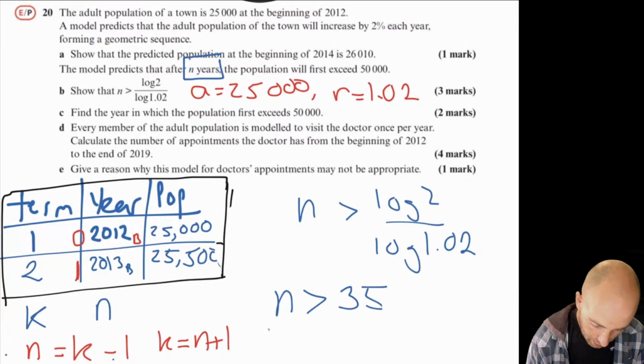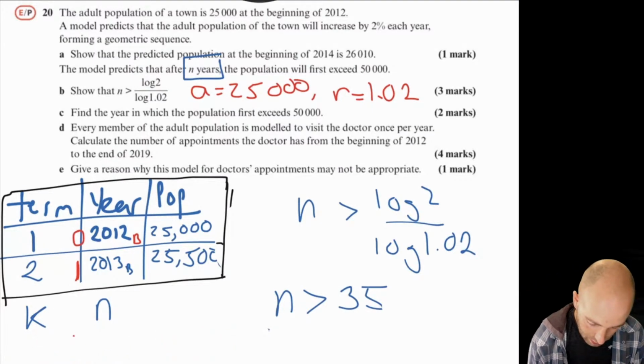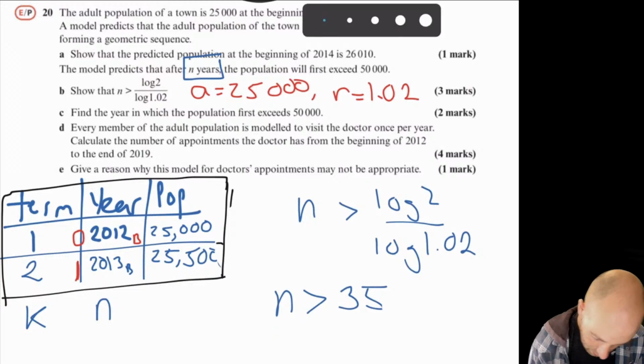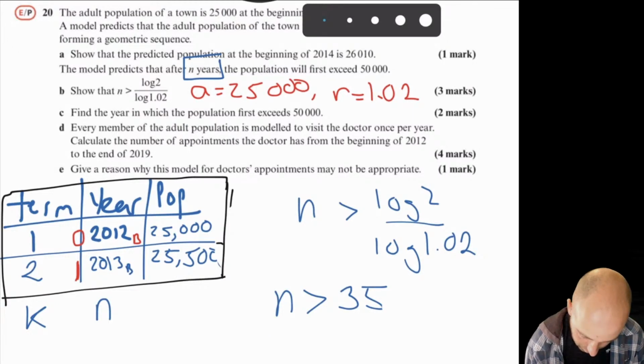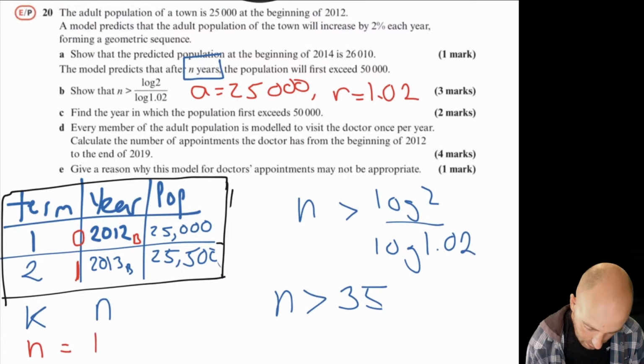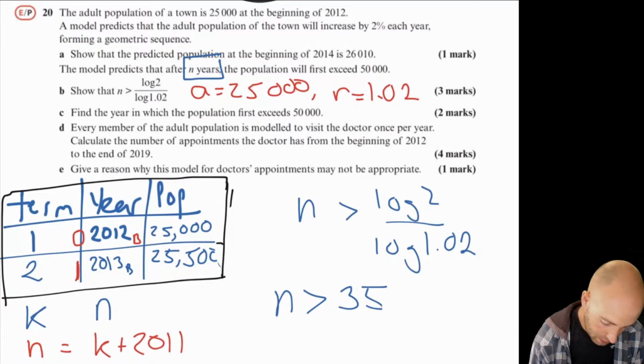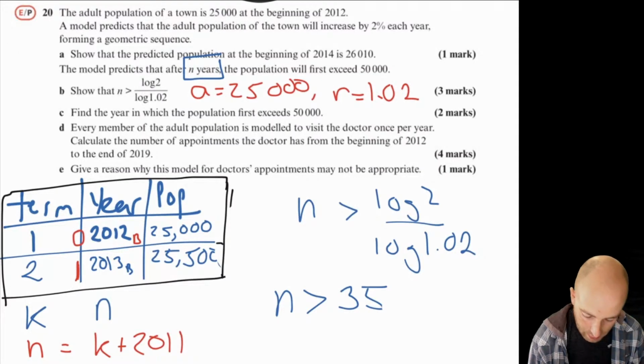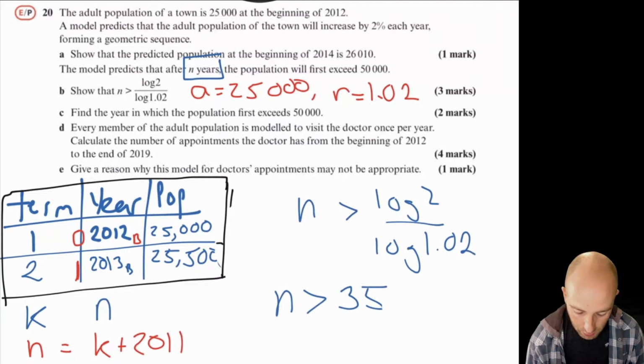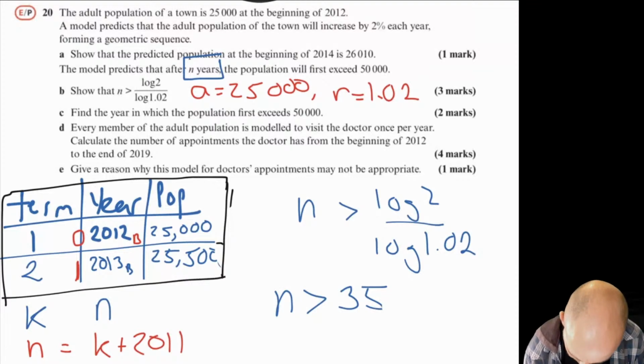Okay, if we go back to my initial equation, what did I say initially? I said that the year is k plus 2011. So if we've got n is 35, wait, is that right?